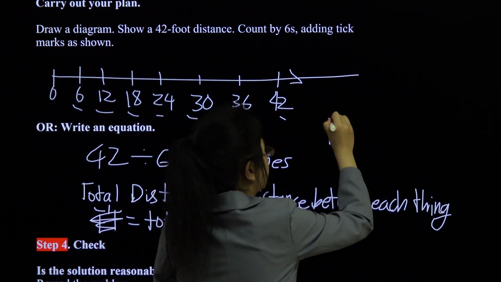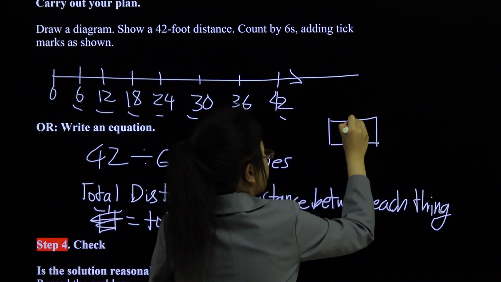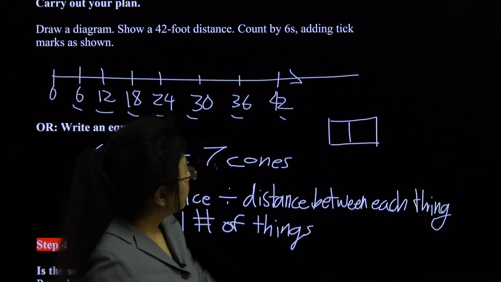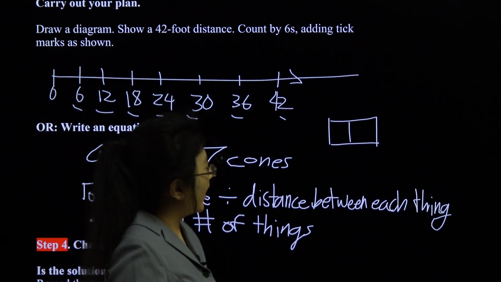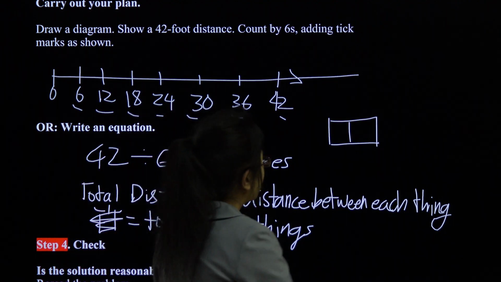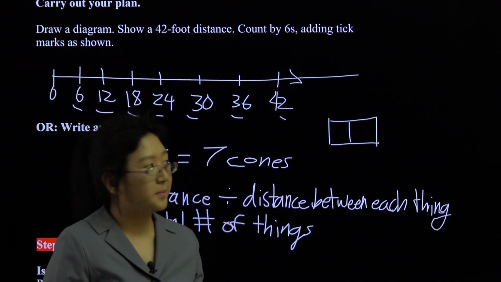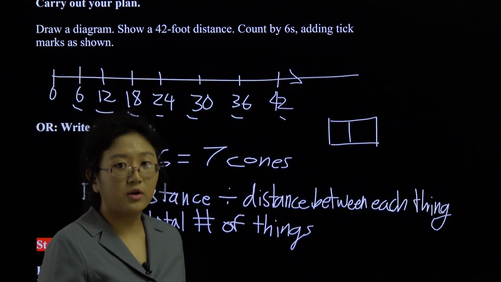It's a bit similar to this diagram right here. There's 2 spaces. There's 1 line dividing the spaces. But if you count the 2 lines over here, then that would be 3 vertical lines in total.